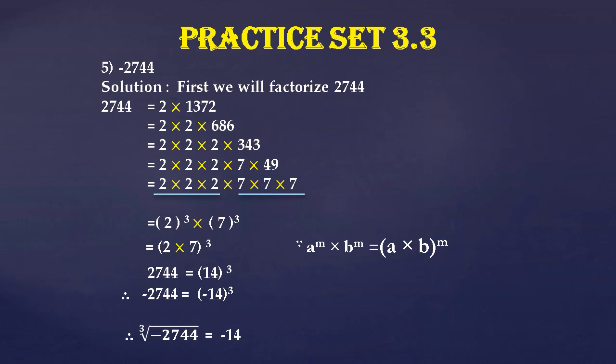Therefore, 2744 is equal to 14 cube. And therefore, minus 2744 is equal to minus 14 cube. So the answer is, cube root of minus 2744 is equal to minus 14.